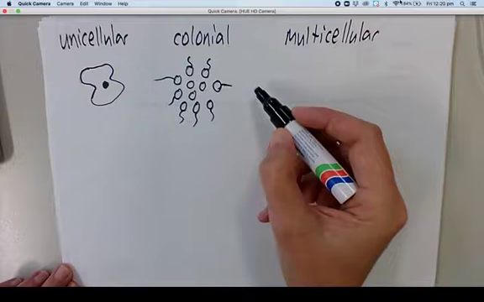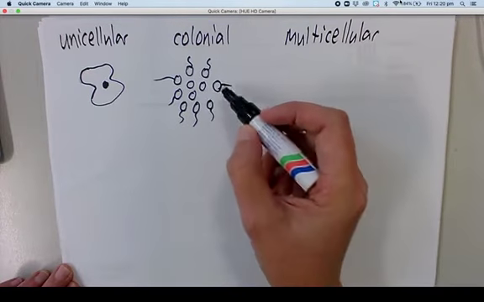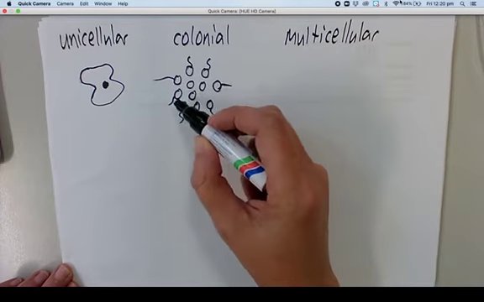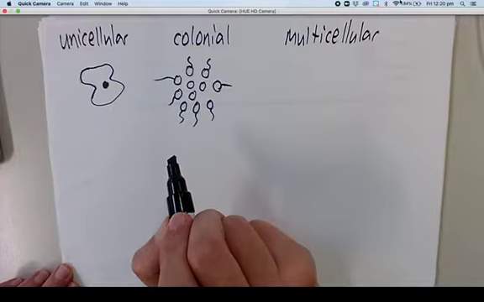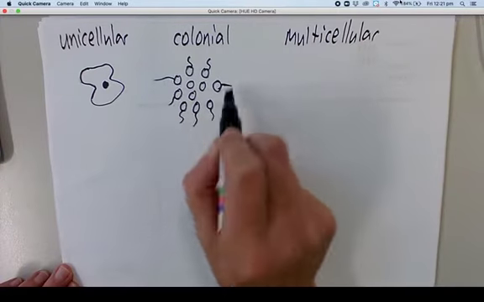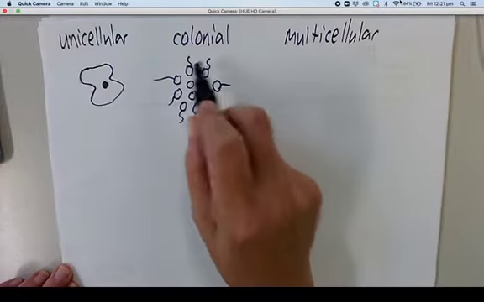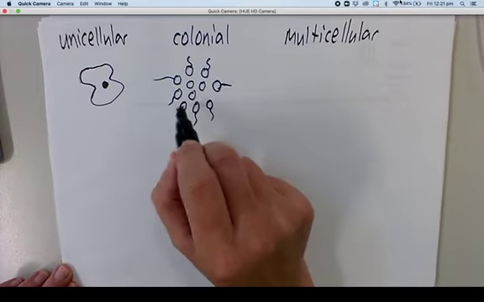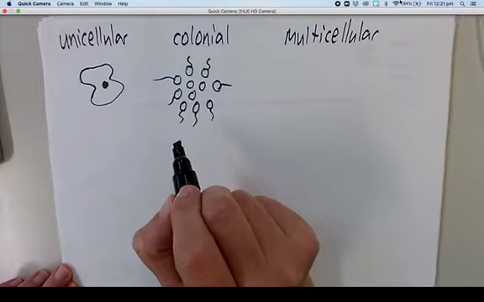But each of those functions, digestion, movement, etc., are all still happening on a cellular level here. So even though these organisms are all cooperating with each other and they're all advantaged by that cooperation, the functions themselves are still happening on a cellular level.